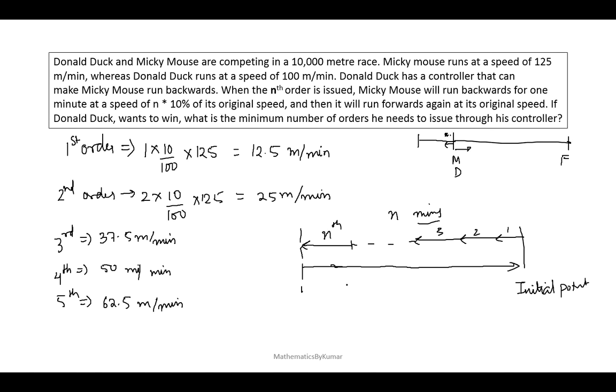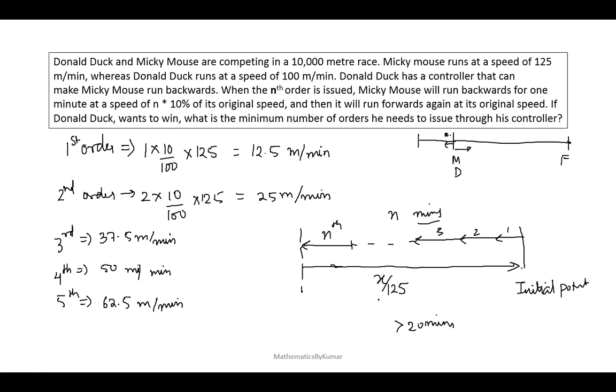Now, what Donald wanted is that the total time Mickey takes to go back and come back to the initial point should be greater than 20 minutes. Because if that is equal to 20 minutes, they will reach at the same time. The time that Mickey takes to come back from the last point to the initial point is x by 125, where x is the distance back to the initial point and 125 is the speed.